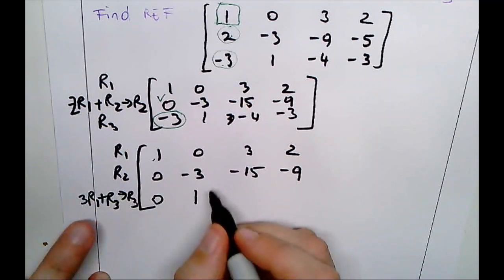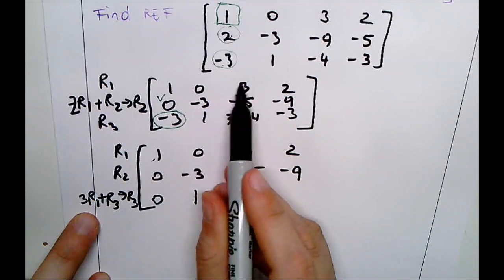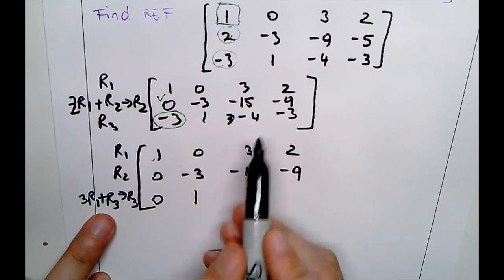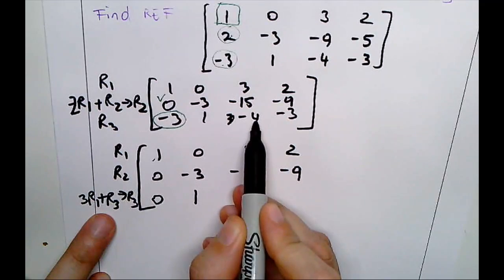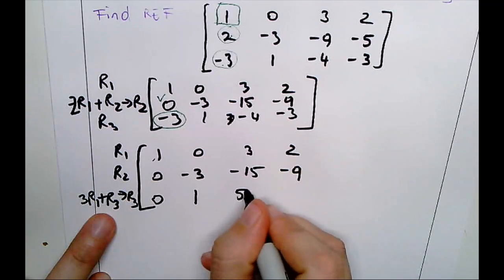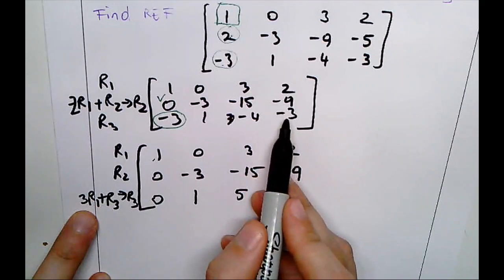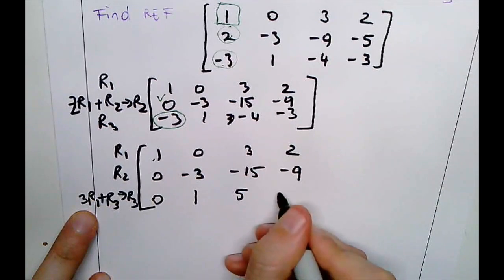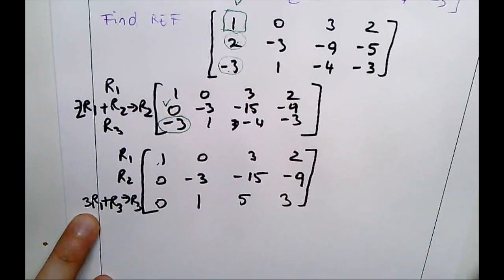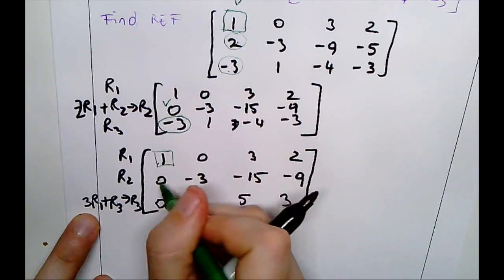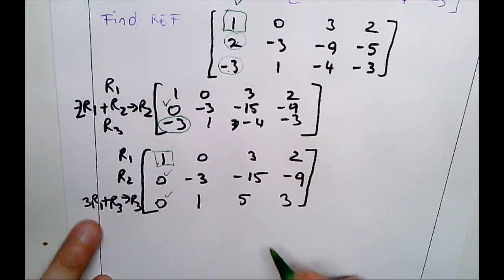So that's a 1. And then 3 times 3 is a 9 plus a negative 4. That's a 5. And then 3 times 2 is 6 plus a negative 3 is a 3. So there you go. I took care of this: this is a 1, this is a 0, this is a 0.